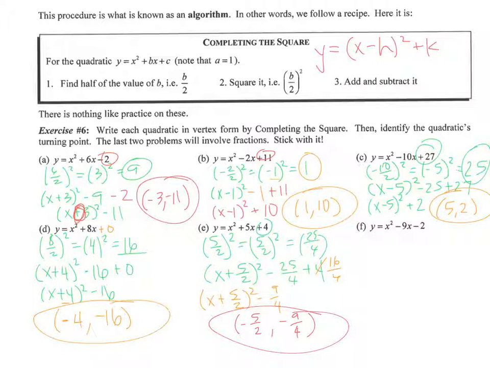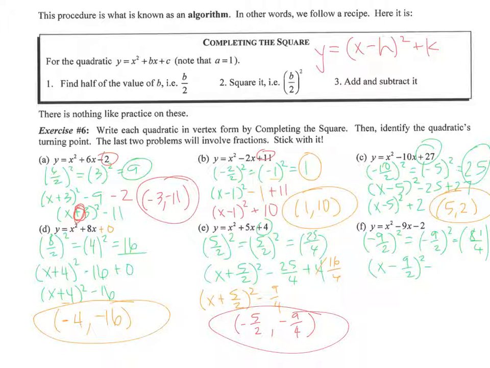Fractions. Last one. We're going to do some more fractions. So we have negative 9 over 2 squared becomes negative 9 over 2 squared, which becomes positive 81 over 4. So perfect square binomial is x minus 9 over 2 squared.